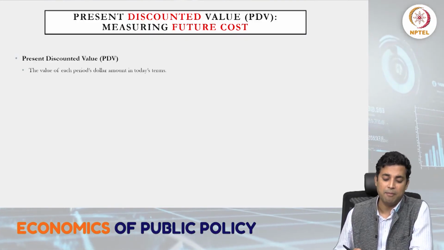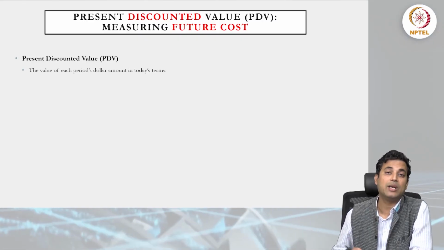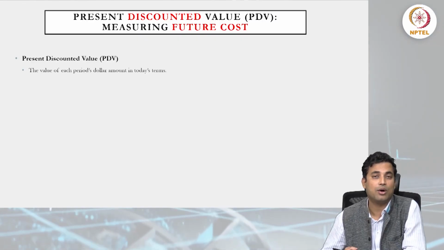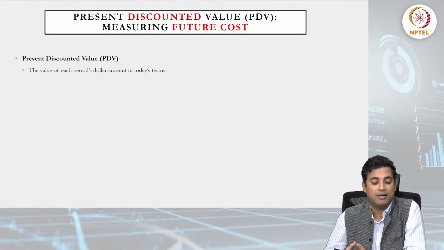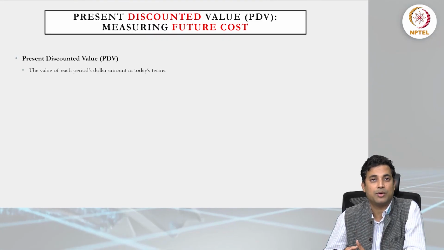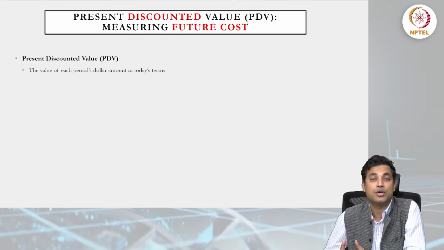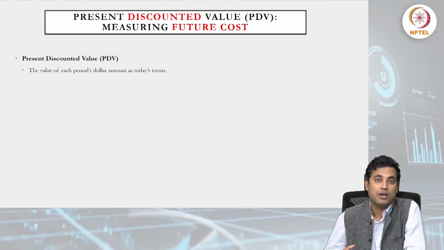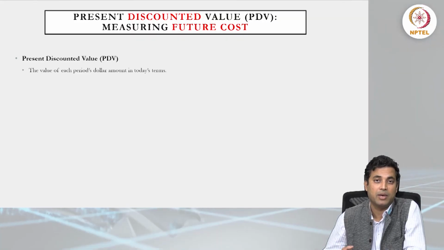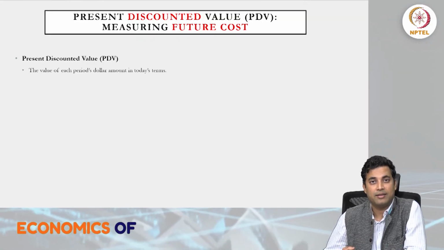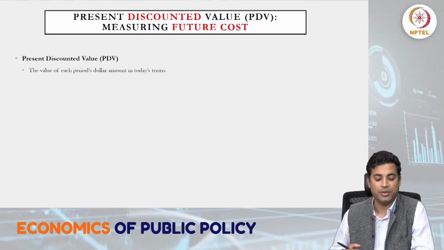One famous method that we consider in calculating value, whether it is cost or benefits, is present discounted value, what we call PDV, and this is basically measuring future cost. This is what we calculate when we invest some money in the bank, and then we always look for the rate of interest, and that's how we try to understand.